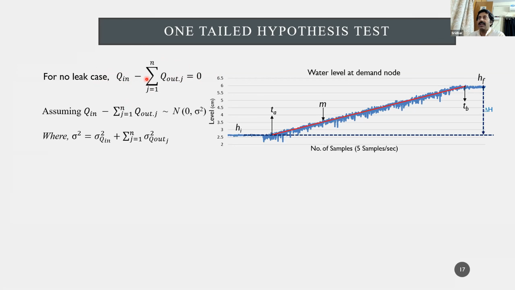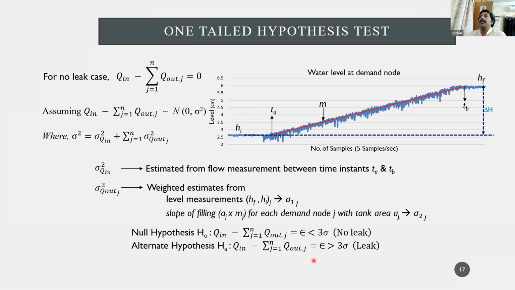If the residual crosses a certain threshold, then there is a leak. To avoid false positives, we know it's very unlikely that you will consume more than what you supplied. So we use a one-sided hypothesis in this case. It makes physical sense because it's impossible that you will end up consuming more than what you supplied.